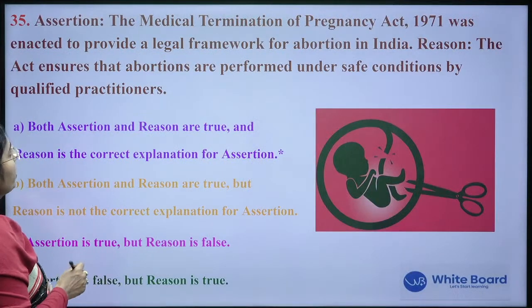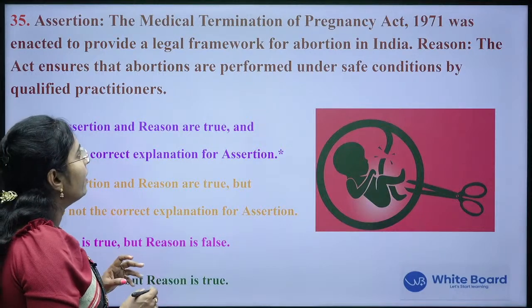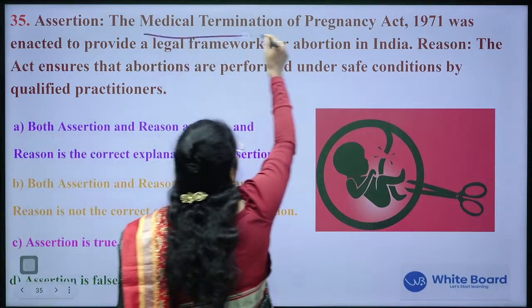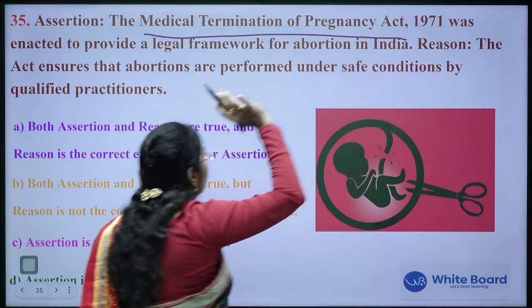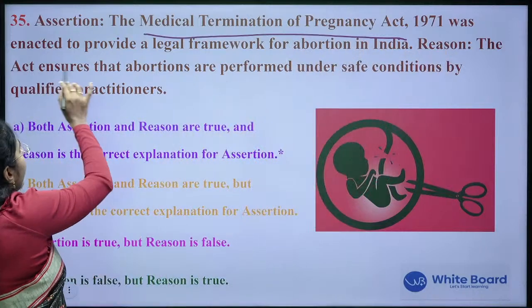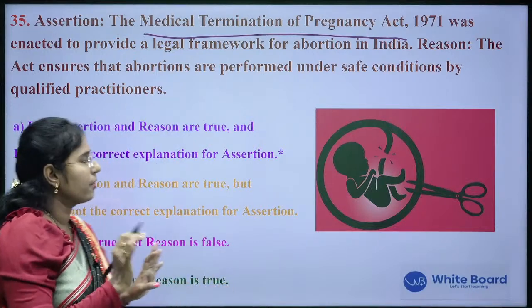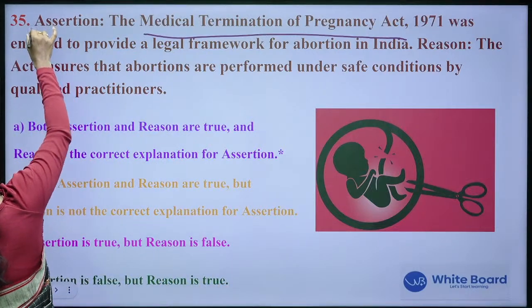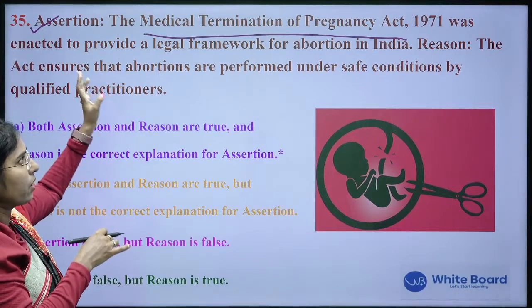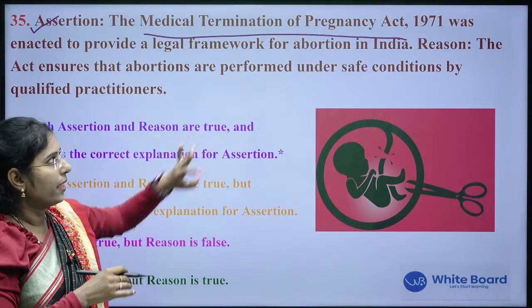Next question, coming to assertion: the Medical Termination of Pregnancy Act, MTP Act 1971, was enacted to provide a legal framework for abortion in India. Yes, that's true. In the first grand test also I discussed this MTP Act 1971.